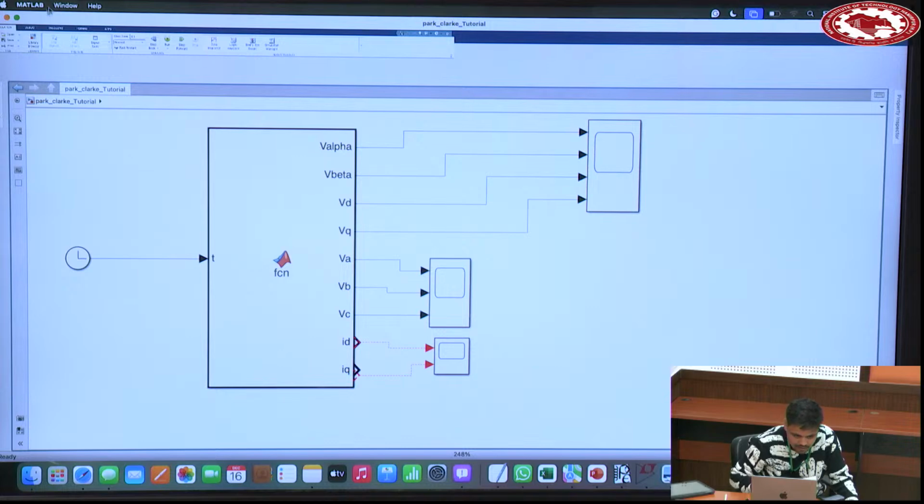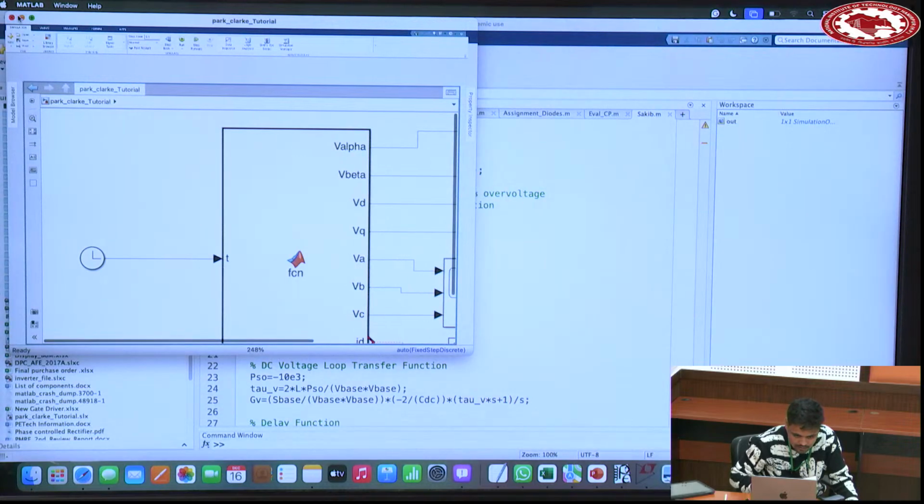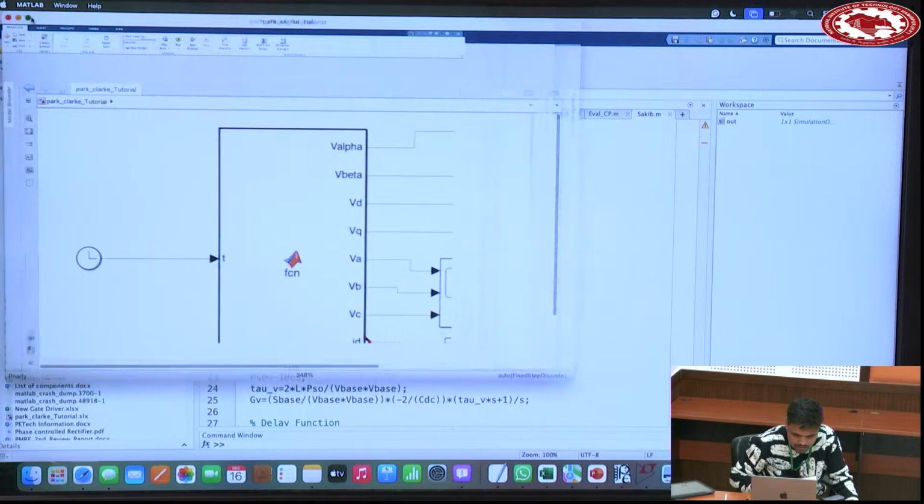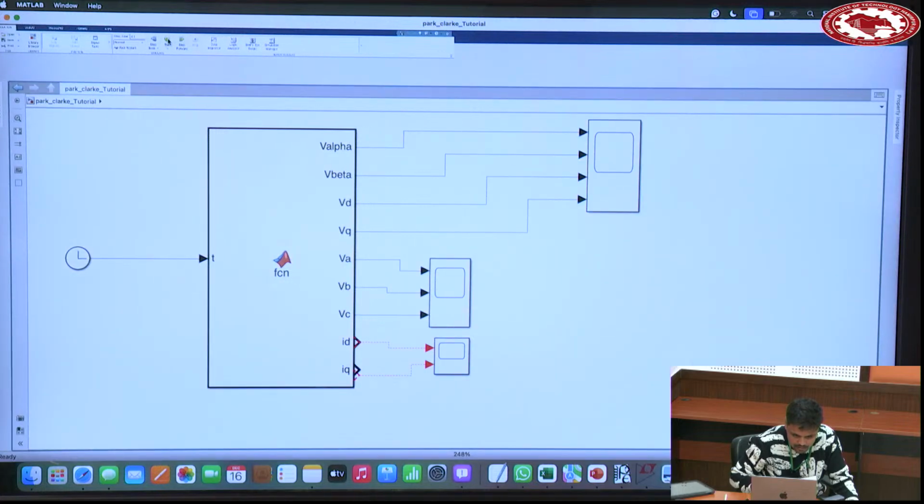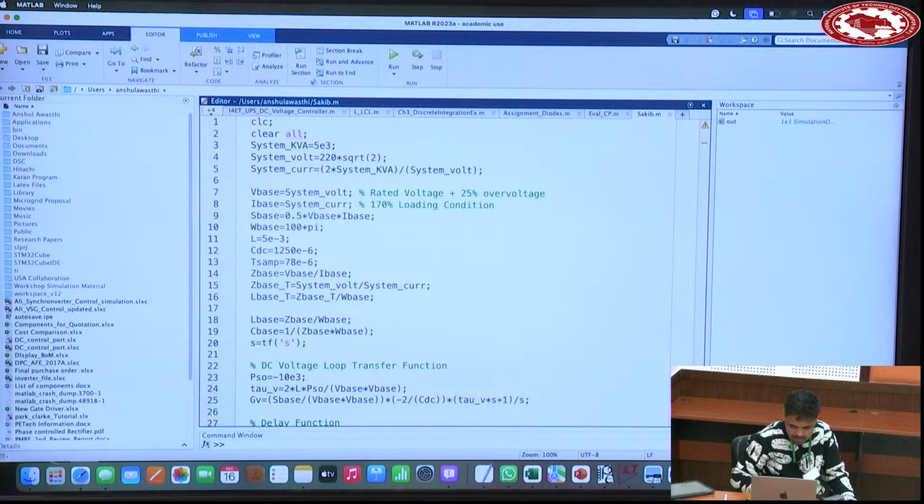I don't know why it becomes so small. What is the command for running this Simulink? No, this will run this.